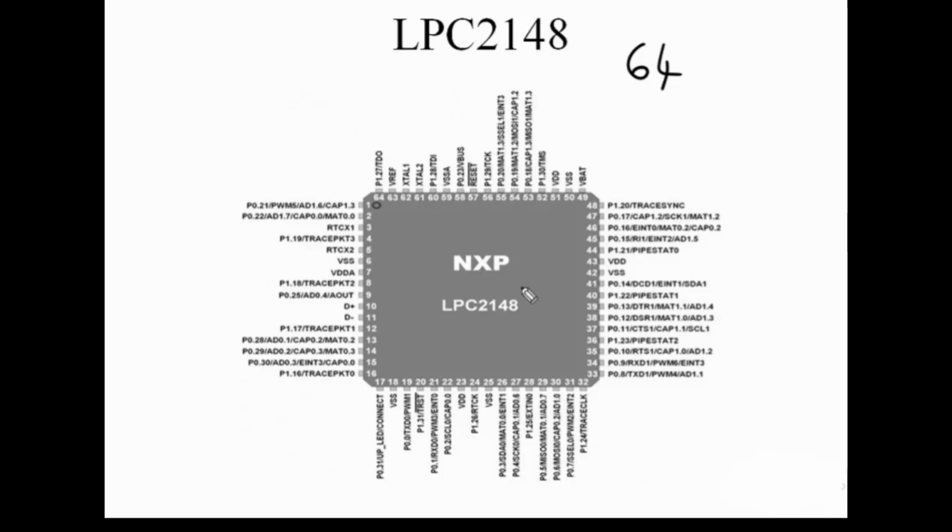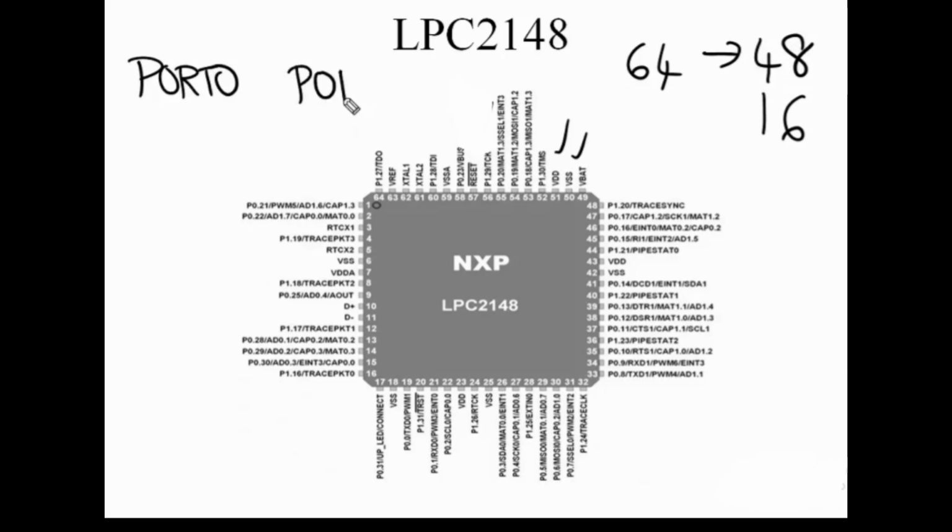Out of these 64 pins, only 48 can be controlled by those registers, while the remaining 16 pins are other essential pins for the hardware which cannot be controlled, for example VDD, VSS, etc. So let's ignore those 16 pins and focus on the remaining 48 pins. These 48 pins are grouped into two ports, port 0 and port 1. A port is nothing but a collection of pins.